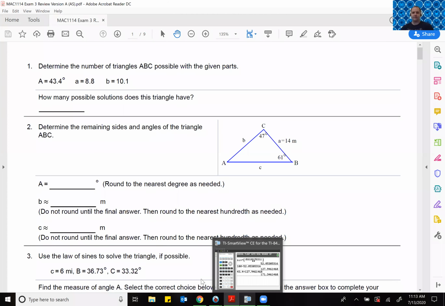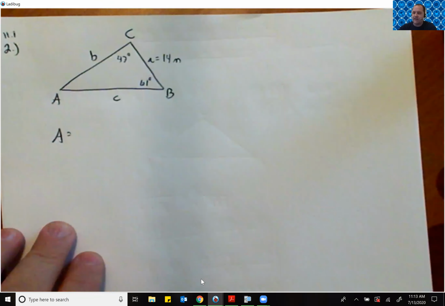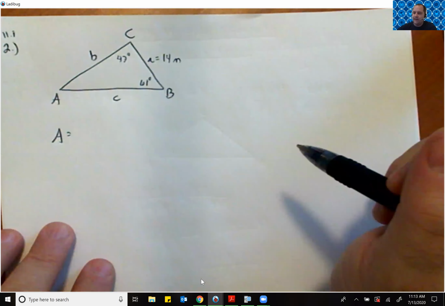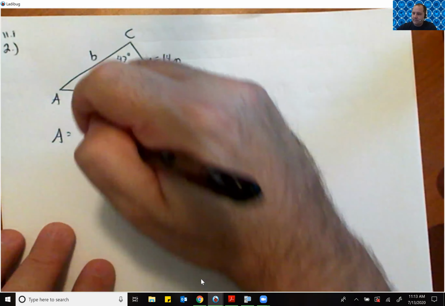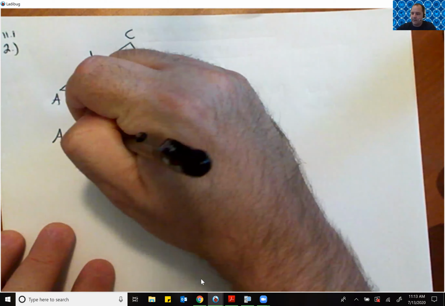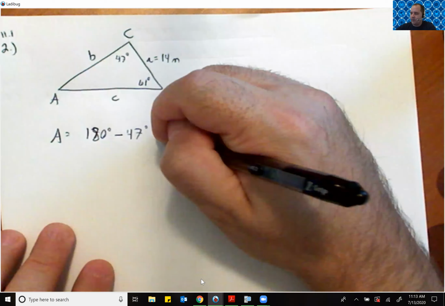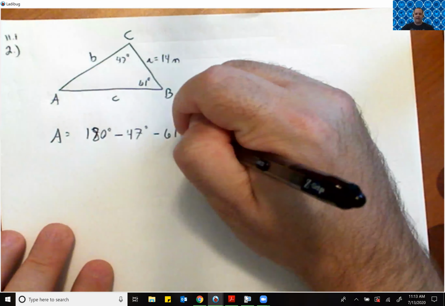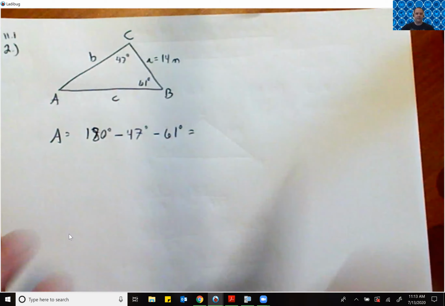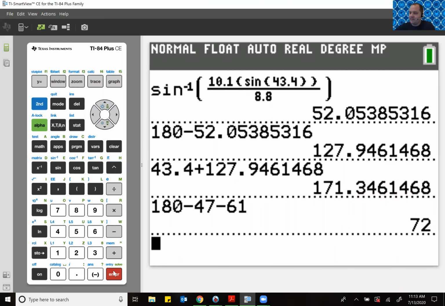No worries on that. To find capital A, that's pretty easy because all the angles inside a triangle must add up to 180. So we're going to take 180 degrees minus 47 degrees minus 61 degrees. I don't know that off the top of my head, so let's just use our calculator. 180 minus 47 minus 61, and that's 72 degrees.